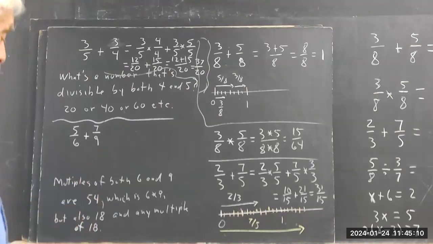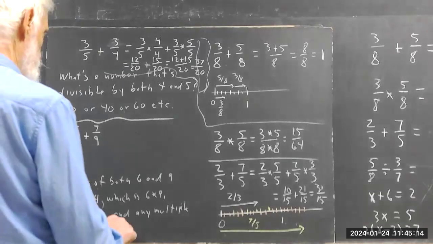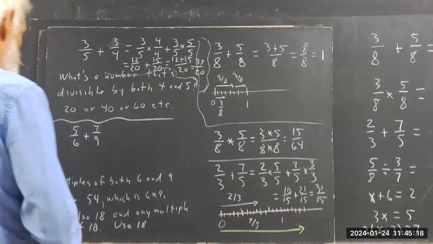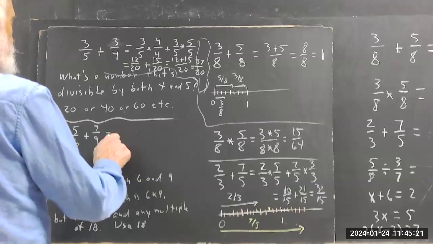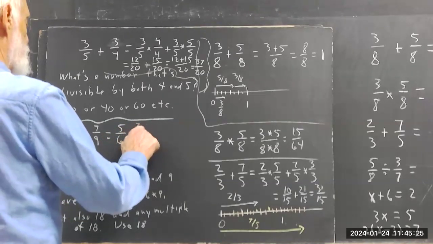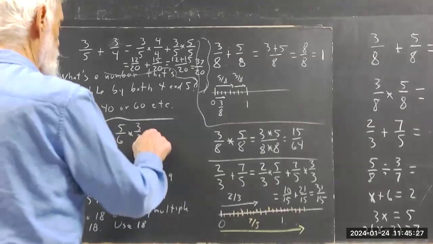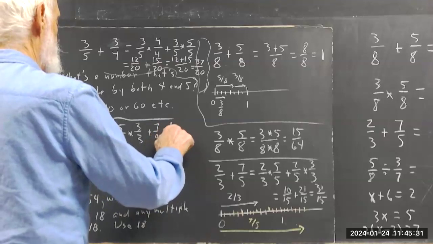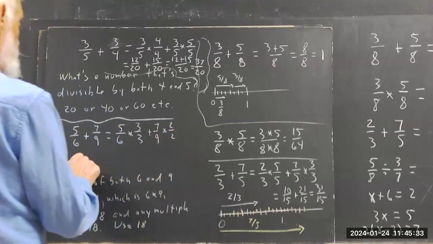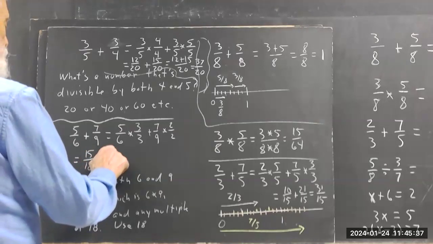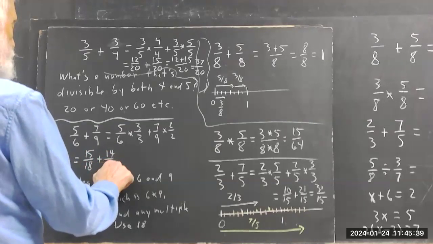Now we want to use the smallest number. We use 18. So to get a denominator of 18, we have to multiply 5/6 by 3 over 3, multiply 7/9 by 2 over 2, which equals 15 over 18 plus 14 over 18.